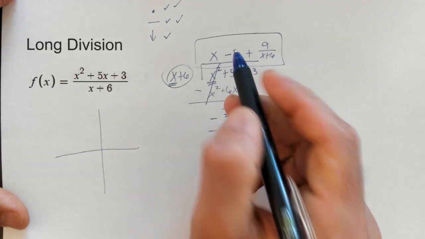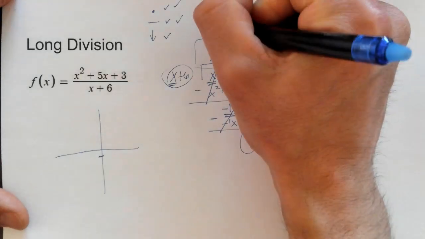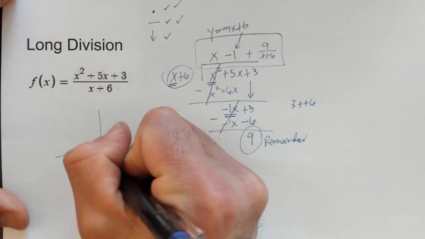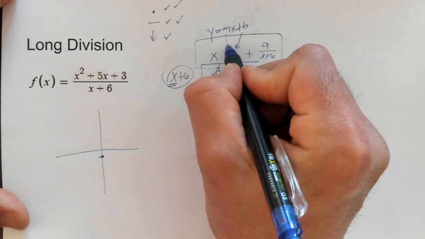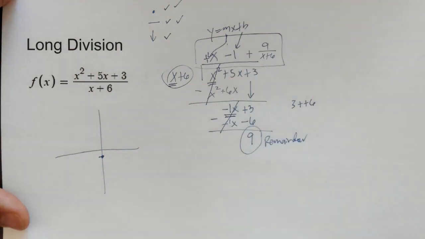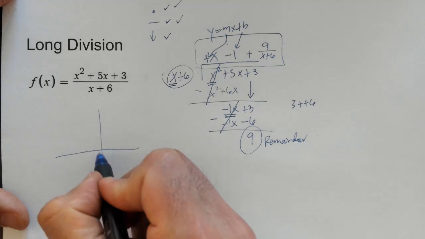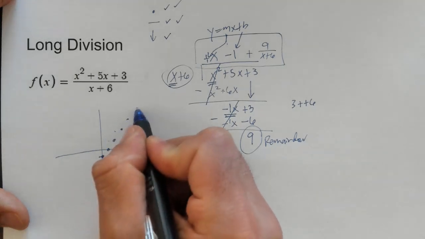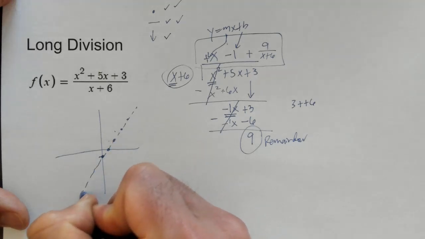I would go to -1. That's my y-intercept, right? Y equals mx plus b. It starts at -1. And then the slope, which is up here, is just 1 over 1. So you would go up 1 over 1, up 1 over 1, up 1 over 1, and it would create a slant like this.